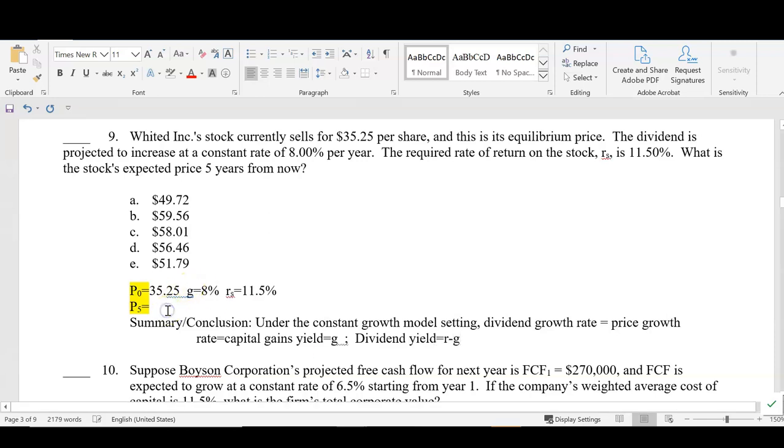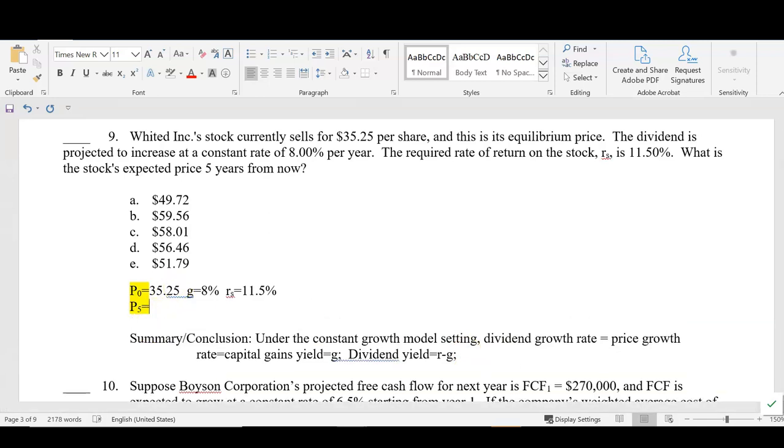Here, because we know that our price grows at the rate of G, P5 becomes P0 multiplied by 1 plus G to the power of 5.